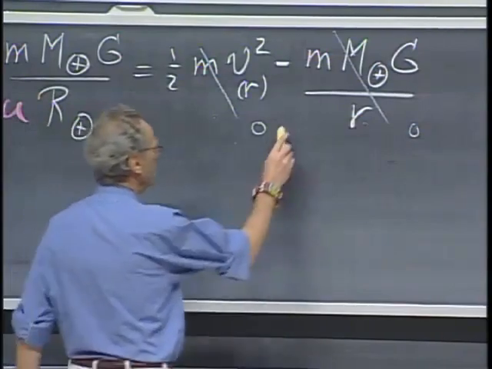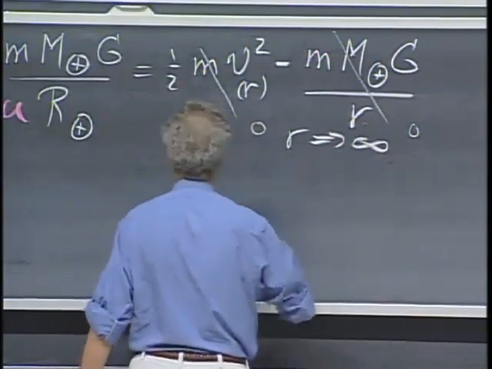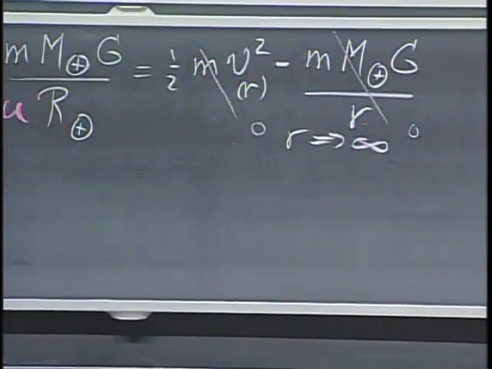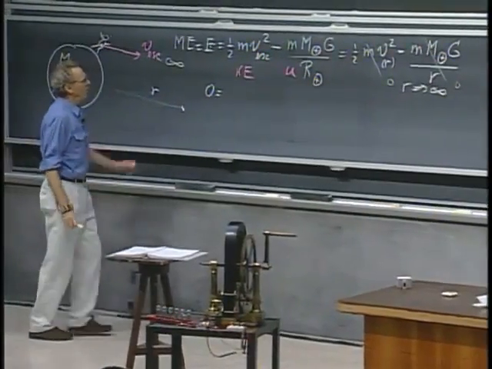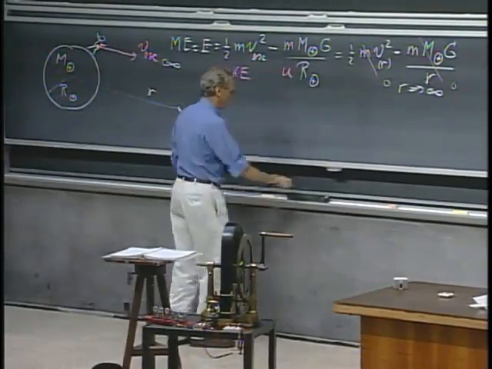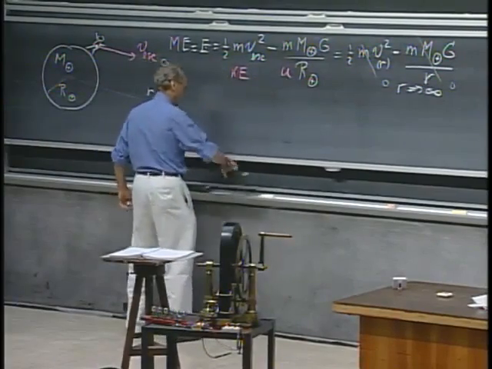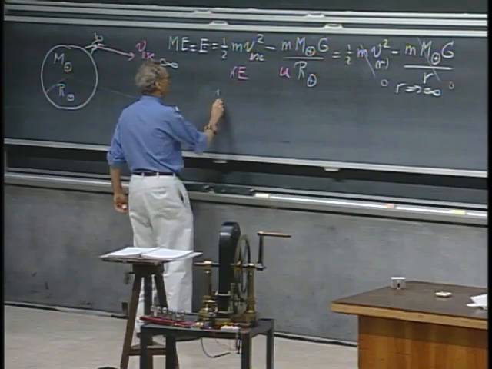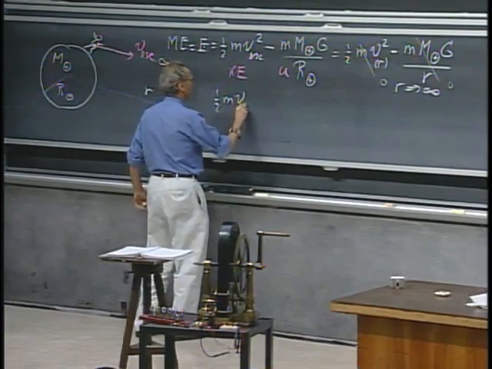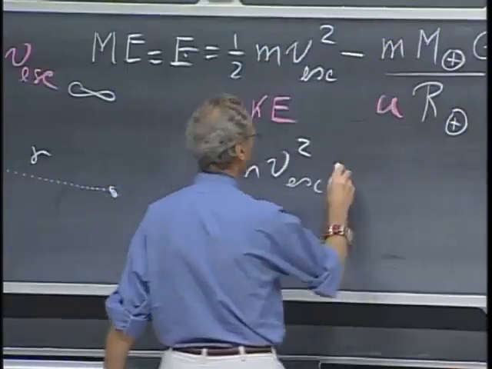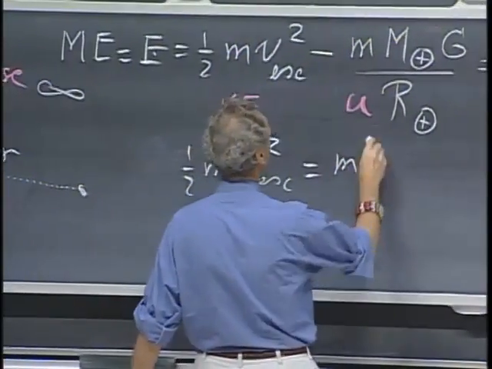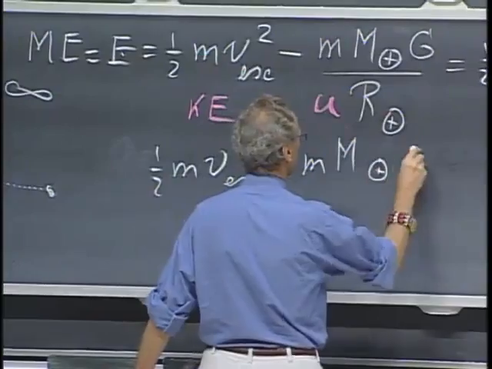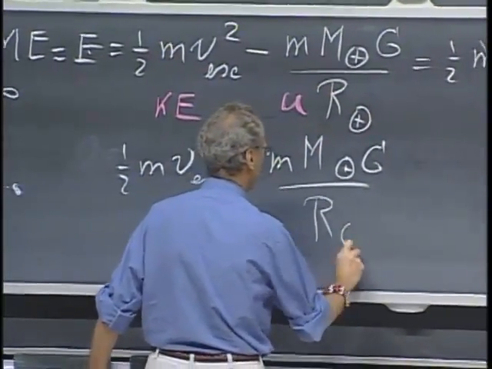So this is for r goes to infinity. And so this E equals 0 then. And so this term is the same as this term for your escape velocity. And so we find that 1/2 m v_escape squared equals m M_Earth G divided by the radius of the Earth.